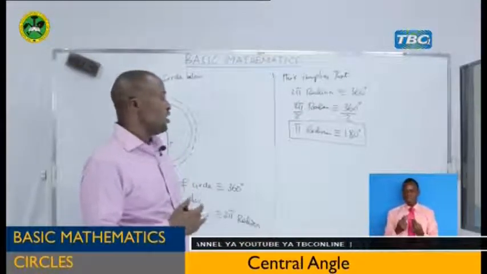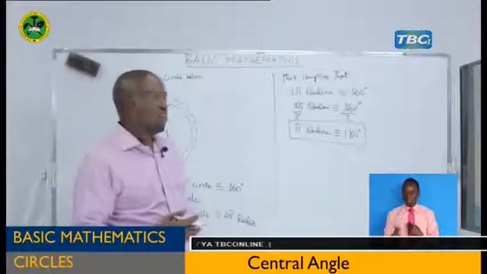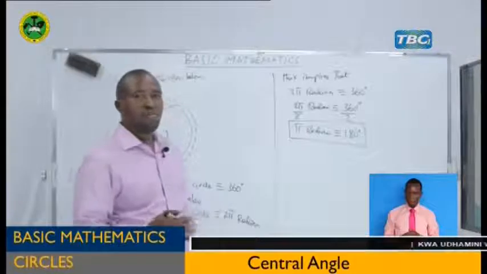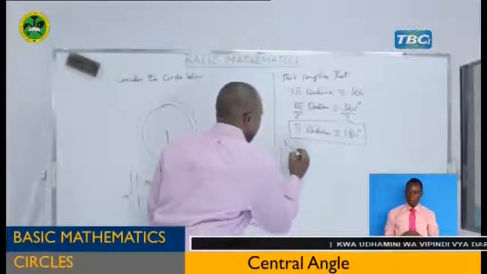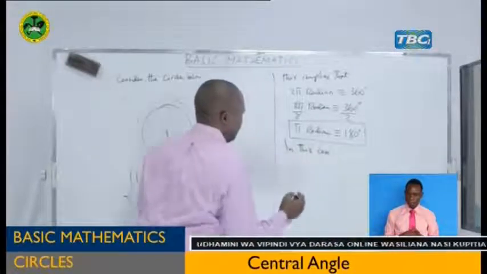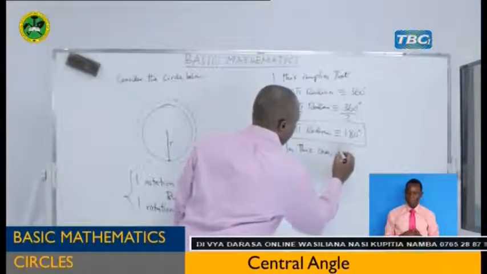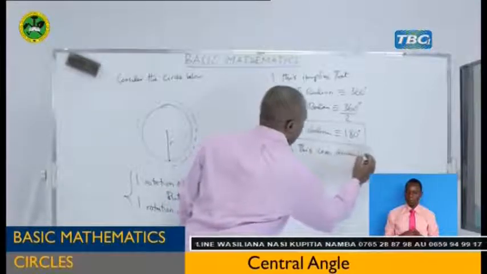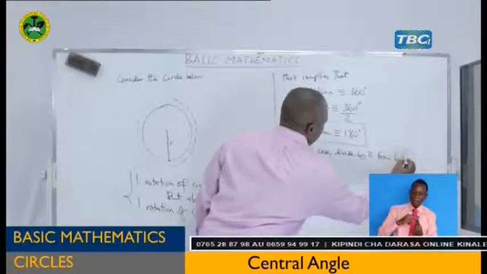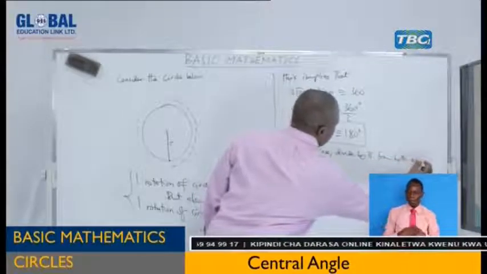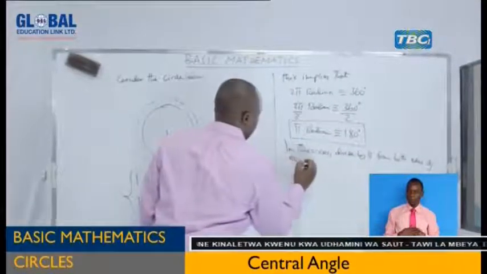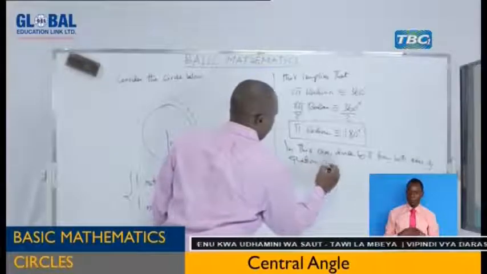Now suppose we want to find the equivalent between radian measure and degree measure, but this time when the radian is 1. So in this case, divide by pi from both sides of equation 1 above.